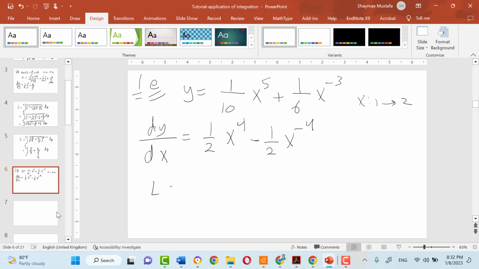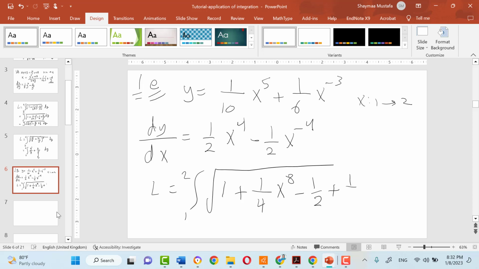So length will be the integration from 1 until 2, integration 1 plus this term square, which is 1 over 4x to the power 8 minus 1 over 2 plus 1 over 4x to the power minus 8, this one dx.